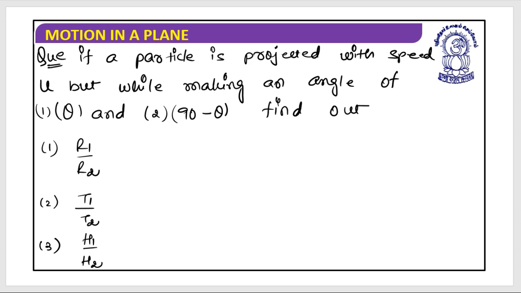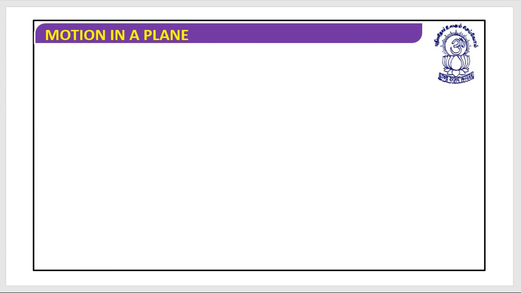Yes, so let's first quickly go through this with this much information only, and then we'll move to the next level. What I know is that u is the same in both cases. My theta 1 is theta and my theta 2 is 90 minus theta, and first I require the range ratio R1 to R2, as I know these two angles are complementary angles.